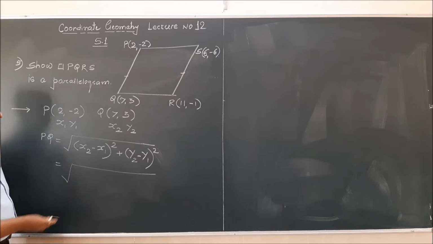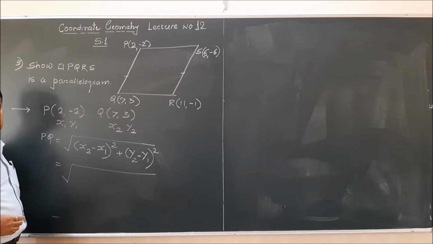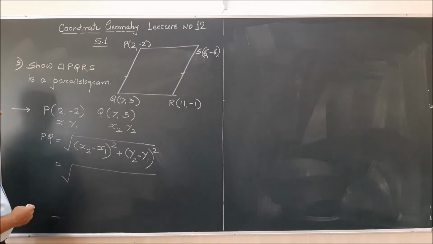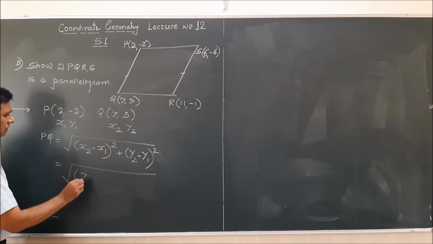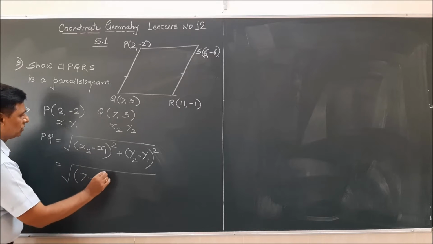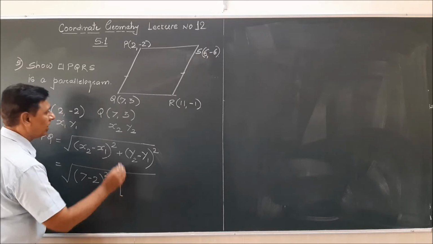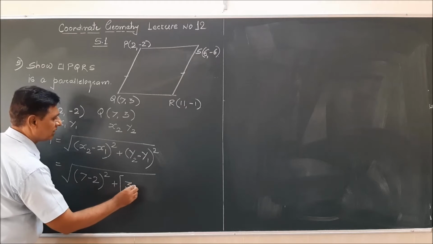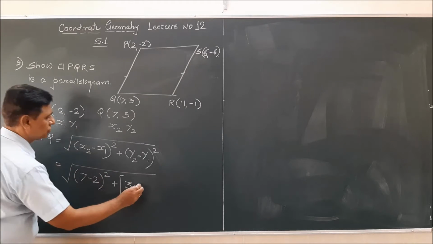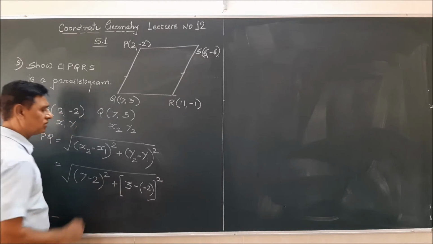By the distance formula, (x2 minus x1) the whole square plus (y2 minus y1) the whole square. So x2 minus x1 is 7 minus 2, the whole square, plus y2 minus y1. Be careful here. The coordinate y2 is 3, so 3 minus of minus 2, the whole square.